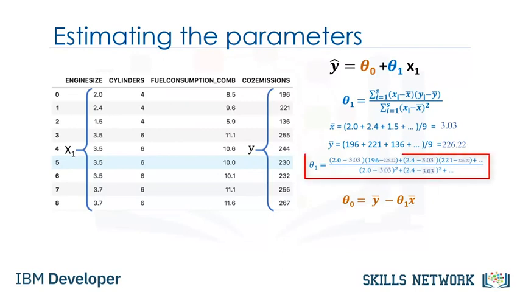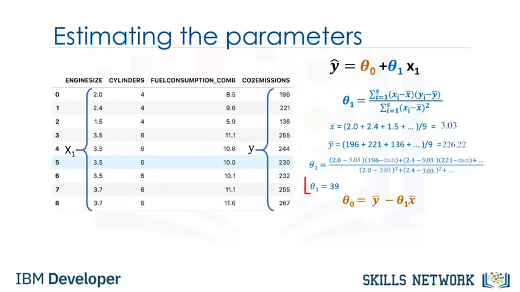Then, we plug it into the slope equation to find theta 1. The xi and yi in the equation refer to the fact that we need to repeat these calculations across all values in our data set, and i refers to the ith value of x or y.